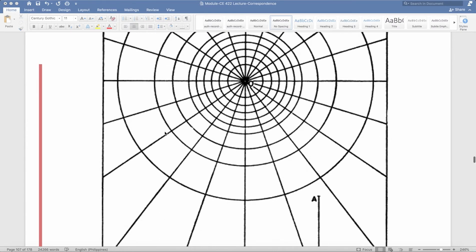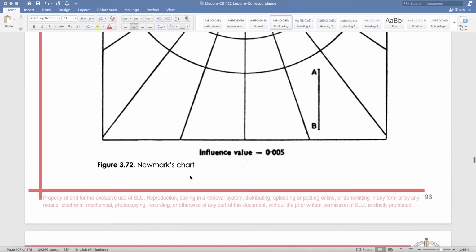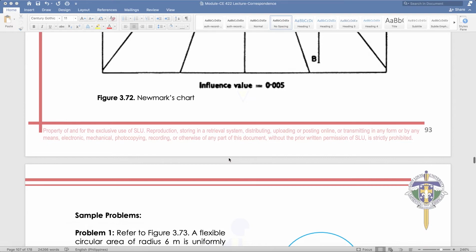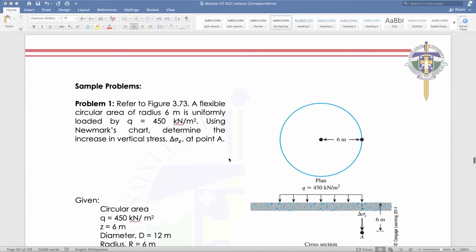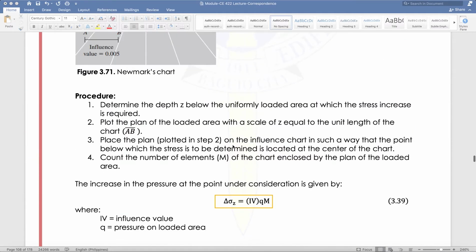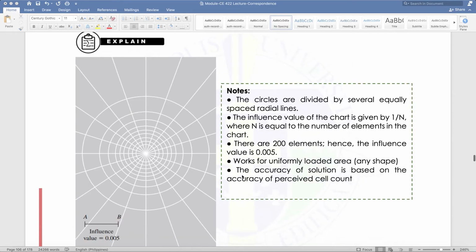So pag gumagawa tayo ng diagram natin, ipapatong na lang natin ito. But it is better if you will be printing this on your acetate. So IV here is equivalent to 0.005 because we have 200 elements.